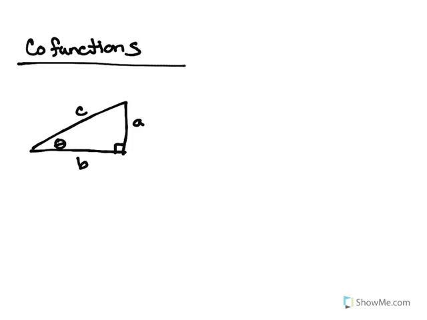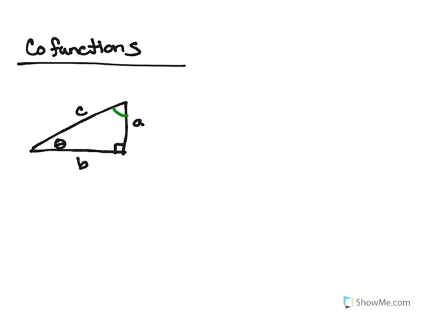And cosecant is the cofunction of secant. There's a relationship between them. So I have drawn a right triangle here. And if I pick my angle theta to be where it is, I need to figure out what this other angle is in terms of the information I have about this triangle.